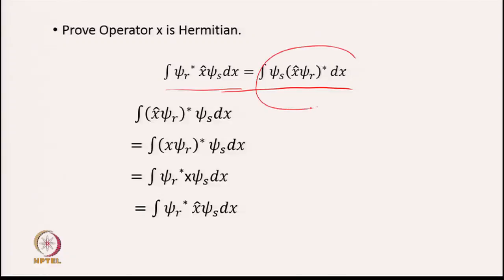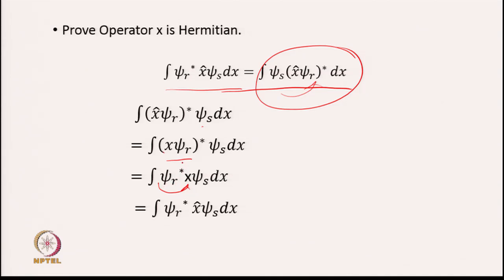So, let us start with this. We took psi s to this side. So, this is the x operator on psi r, conjugate of this, multiplied by psi s dx. Now, this x operator into psi r is simply x into psi r, and then star, psi s dx. Now, x can come out, x star is x. So, simply you can put this x from here to this point.